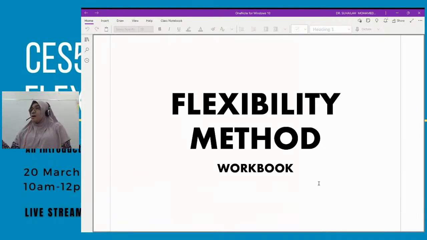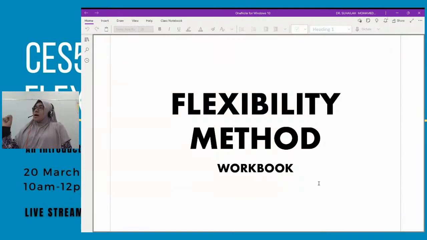You have learned all this: calculating reactions, applying equilibrium equations. Under flexibility method, you have to use that knowledge. We will calculate reactions in determinate beam, determinate frame, determinate truss.